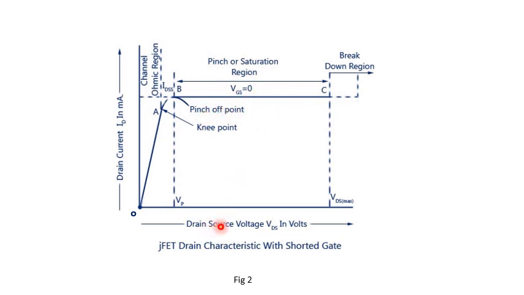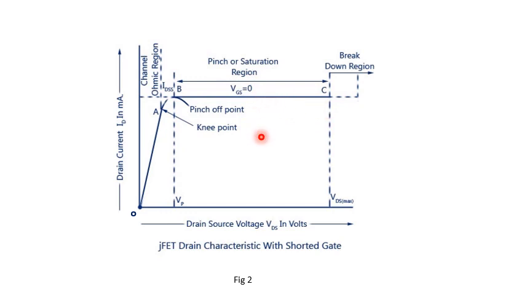Whatever be the value of drain source voltage VDS, the drain current remains constant. And this voltage at which this phenomenon occurs is shown as VP. This voltage VP is called pinch off voltage, and the point B is known as pinch off point.